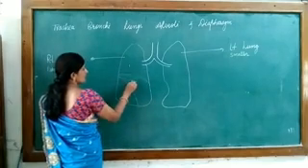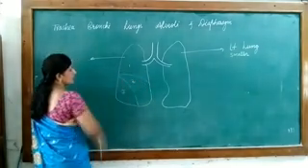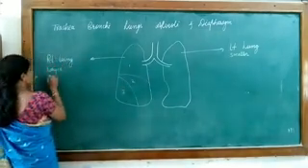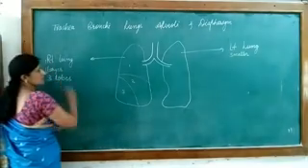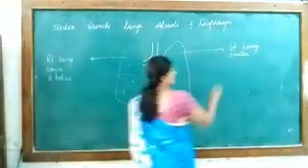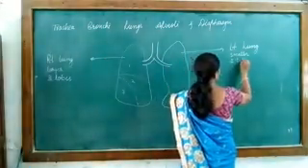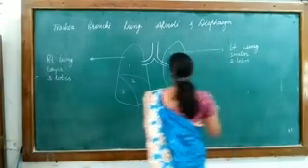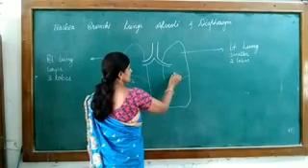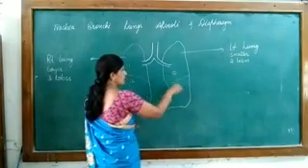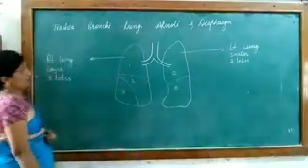First lobe, second lobe and third lobe. The left one has only 2 lobes. First one and second, only 2 lobes.